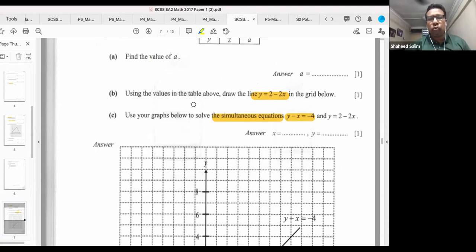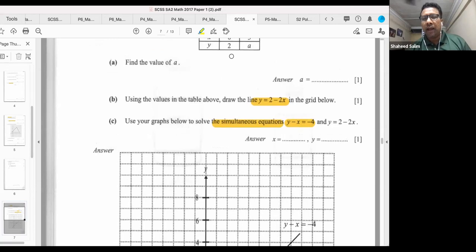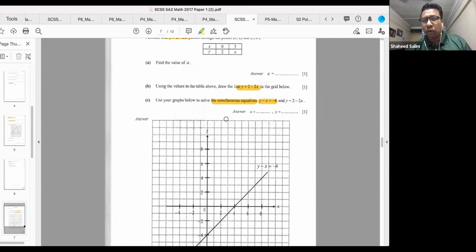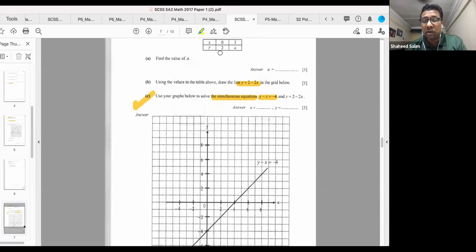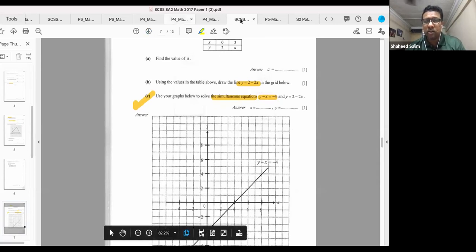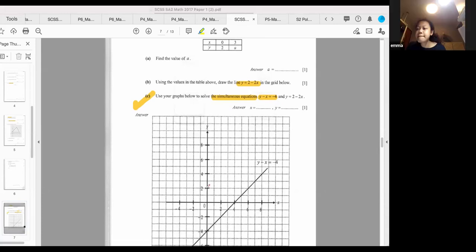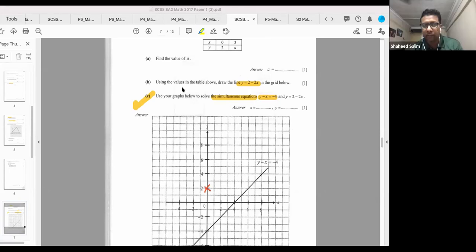Do you know how to do this? If they ask you to draw this, do you know how to draw this? You can plot, right? Okay, I will plot for you. Then you tell me whether my plotting is correct or not. X is 0, Y is 2. Is this correct? Correct.